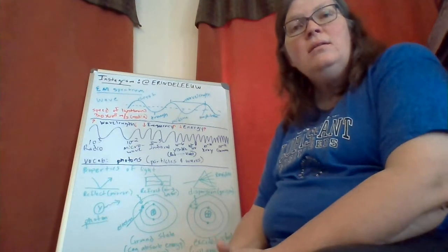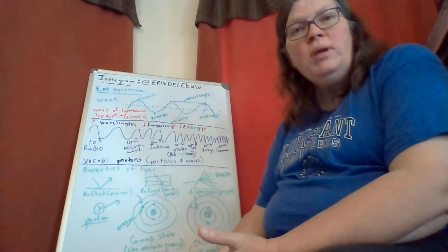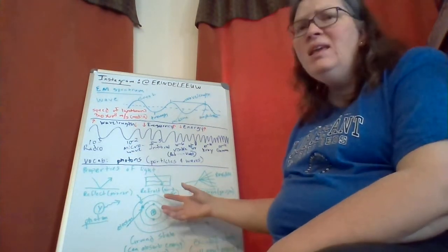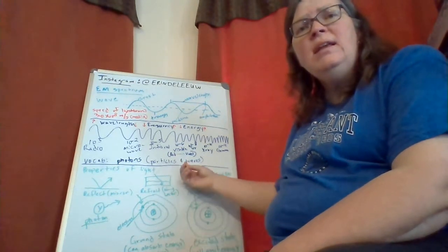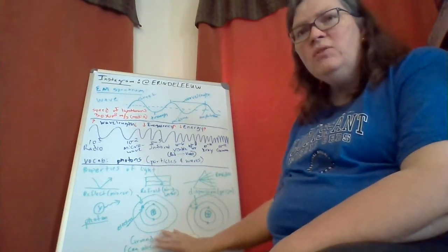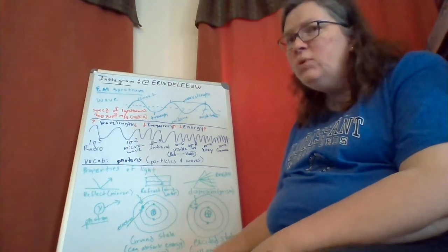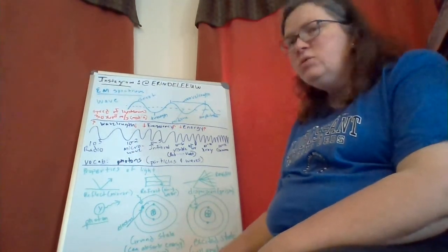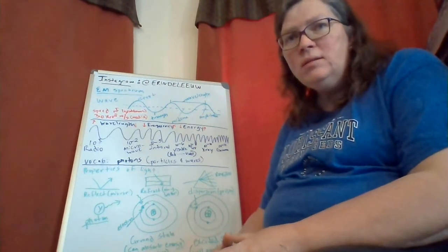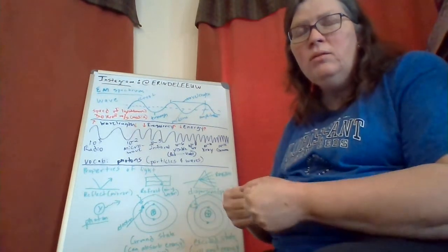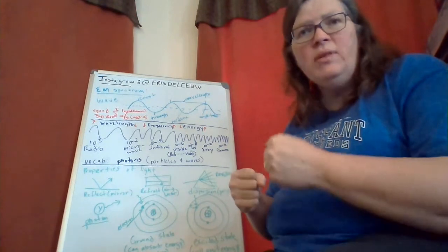When they get energized, when they absorb energy, they can get excited and go up from the ground state. This is the ground state right here, where all the electrons are down at the lowest possible level, closest to the nucleus as they can get, without breaking the Aufbau principle and all that kind of stuff.